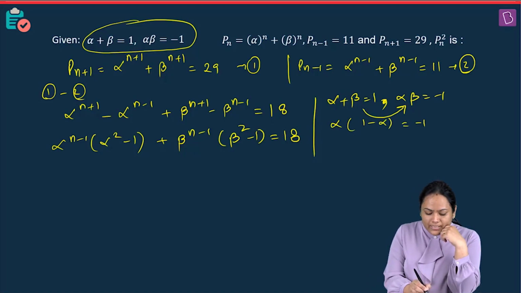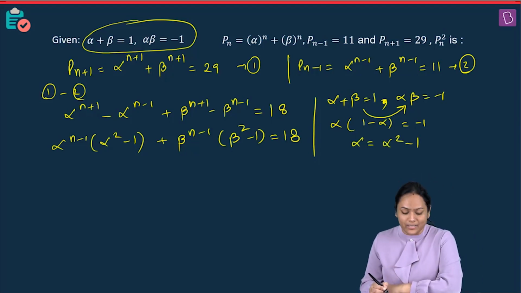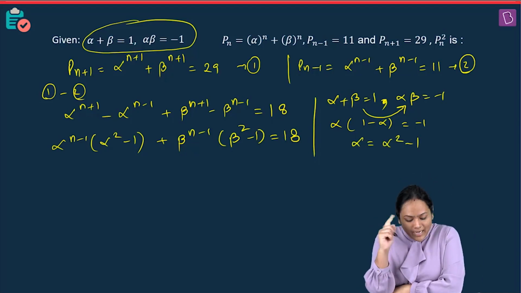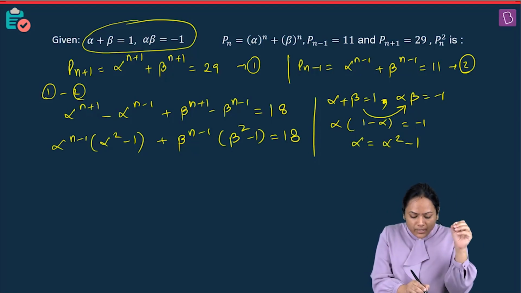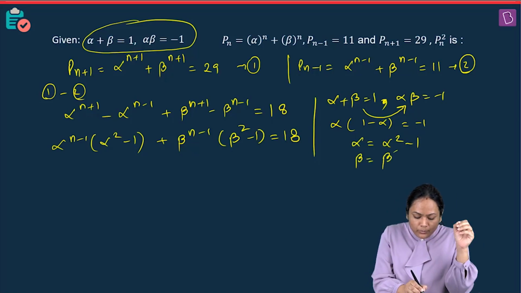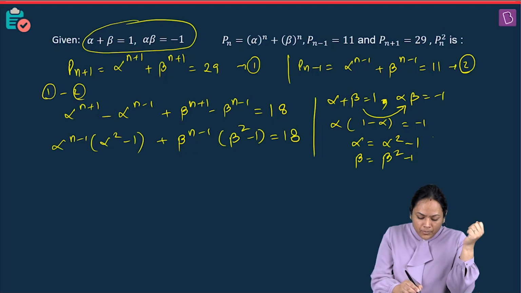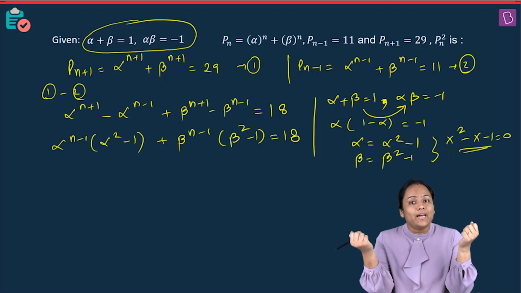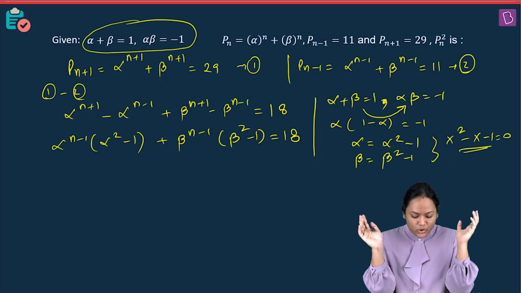Or from here, I can say that alpha is equal to alpha square minus 1. This is the relation. That means I can also say that my beta will become equal to beta square minus 1, because alpha and beta will be roots of the equation x square minus x minus 1 is equal to 0. Right? They'll have the same relation.